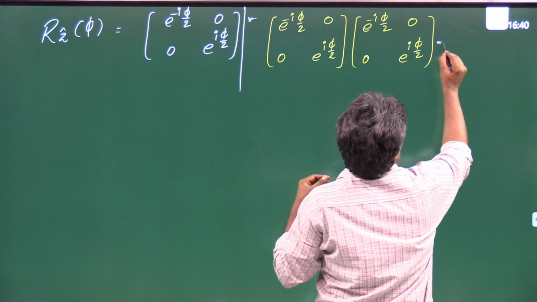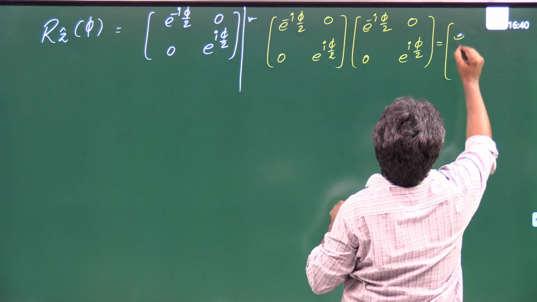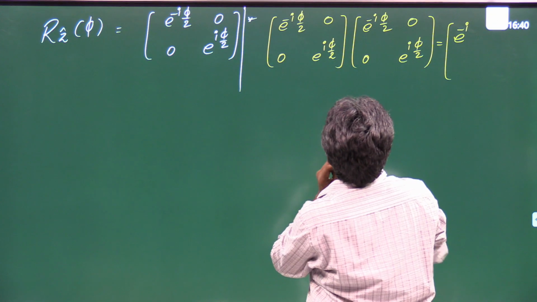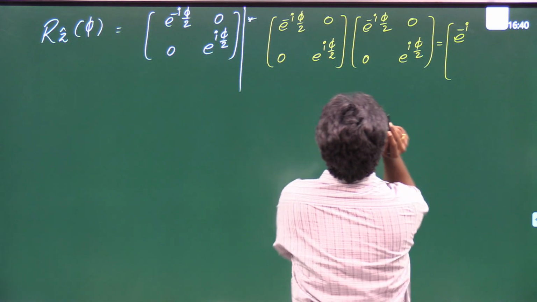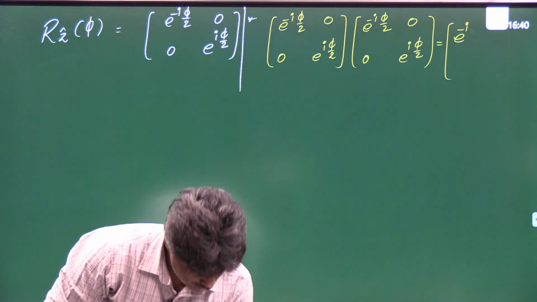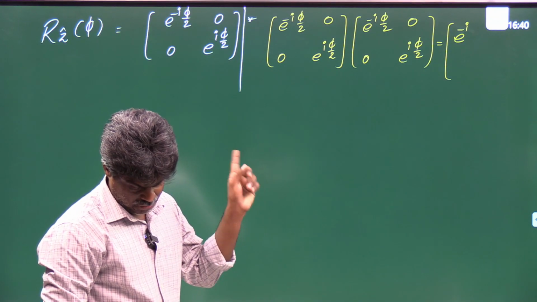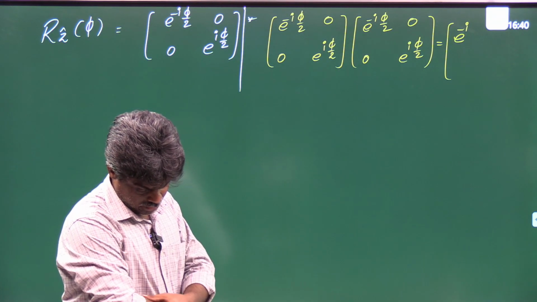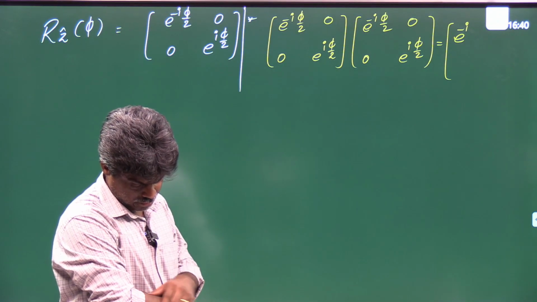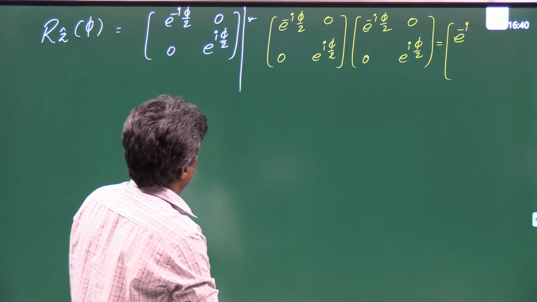So if you multiply, what you will get, please check. Here I think you will get e raised to minus, one minute. What are you getting? Is this right? We need to get a 1, 0, 0, e raised to i phi. We need to get 1. Where is that 1?